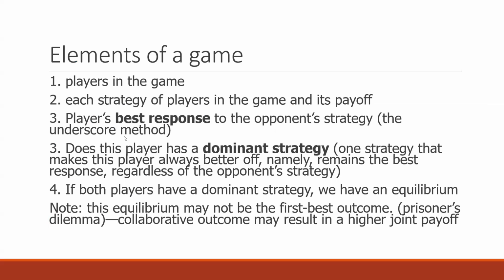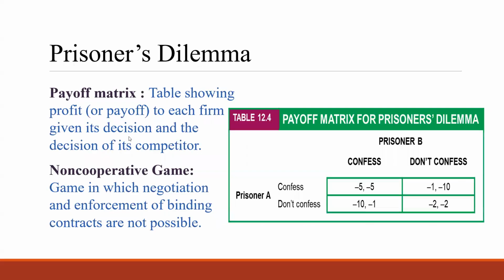And then we have to look into each player's best response to the opponent's strategy. And we are using an underscoring method. Okay, so let's look at the best response. So for prisoner A, if prisoner B chooses to confess, if your fellow betrays you, then what is your best counter strategy?